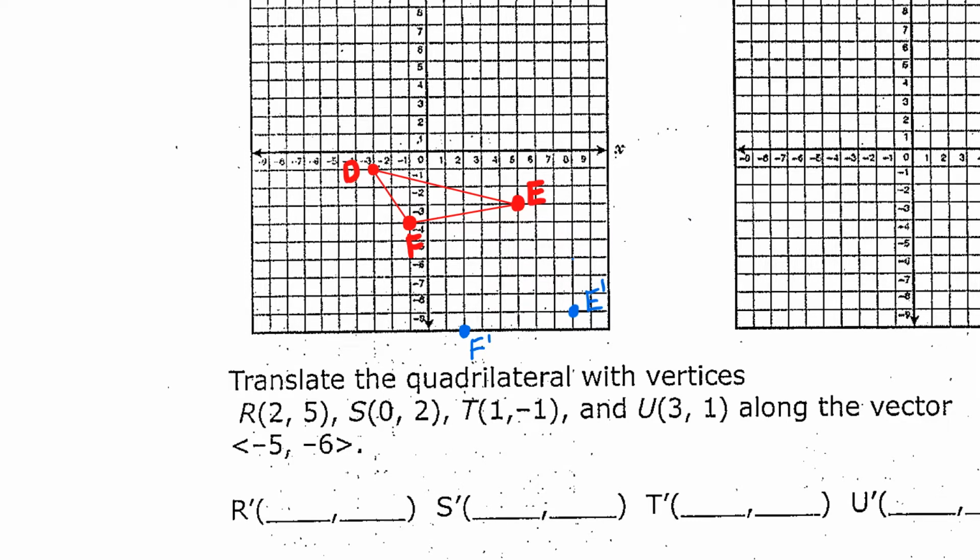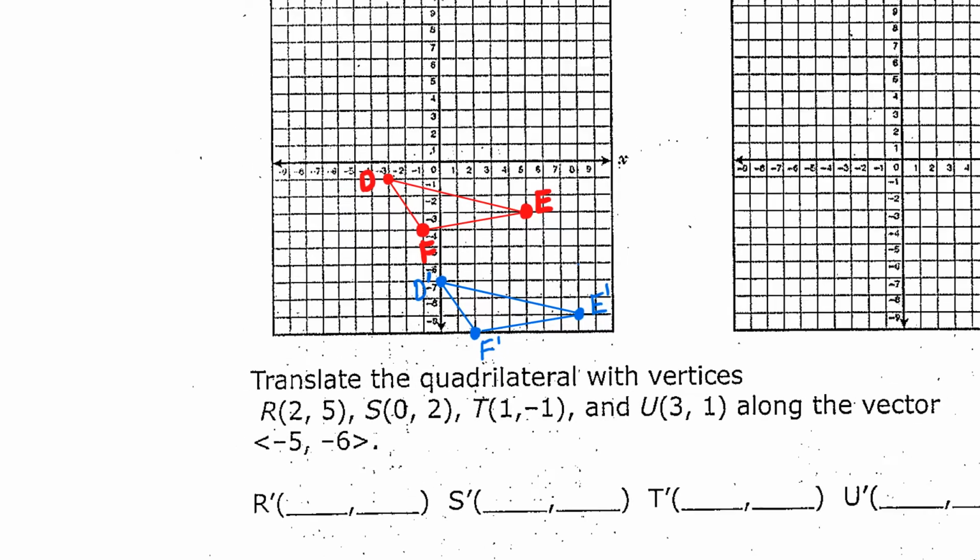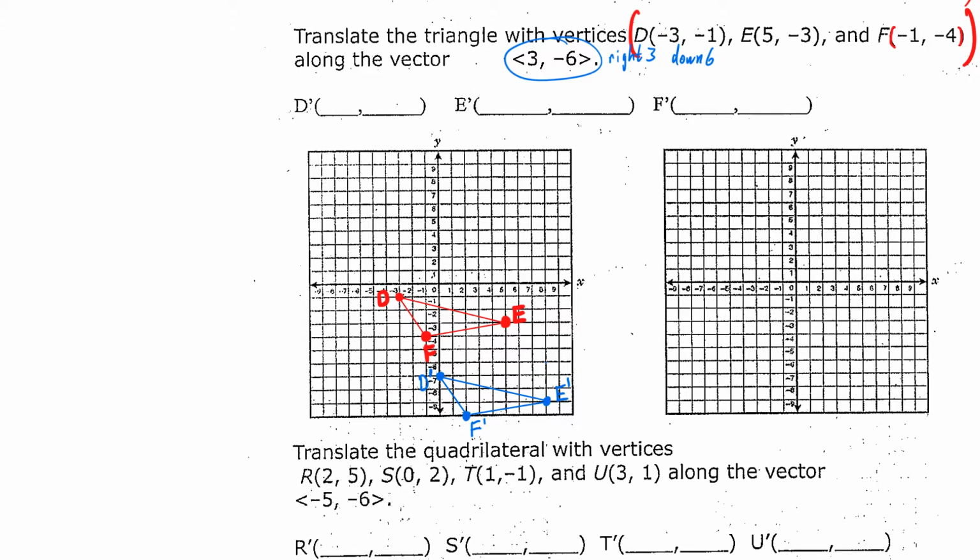And then 1, 2, 3, 1, 2, 3, 4, 5, 6. Okay, so it should look like that.